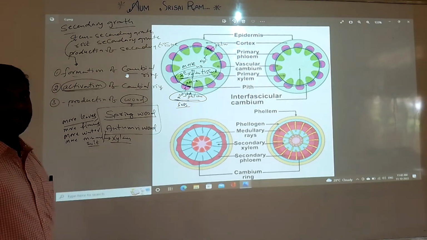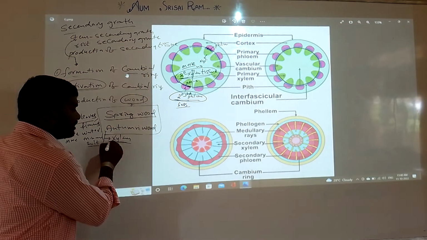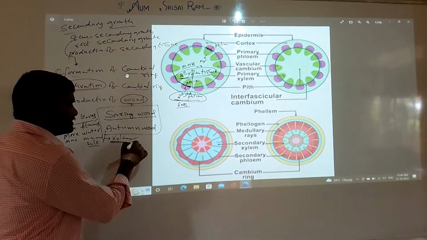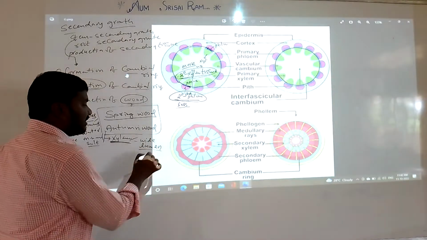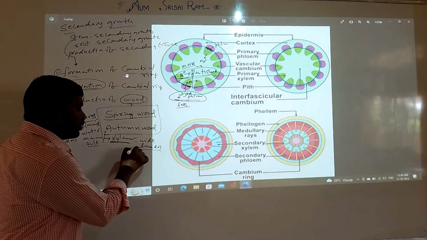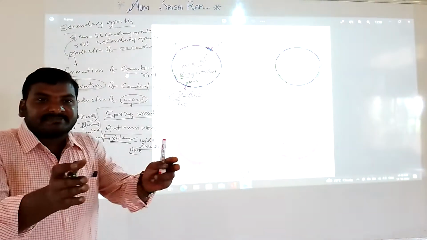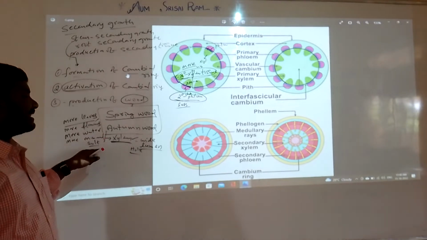Xylem. Okay? The spring season is produced with more xylem, and the xylem is present with a wide lumen. What is it called? Wide lumen. What is the meaning of lumen? Lumen is nothing but more hole or more space present in the xylem to transport more water, minerals and salts.